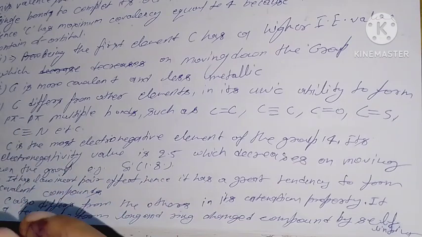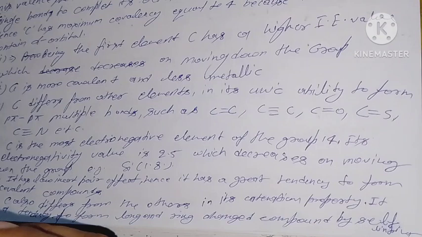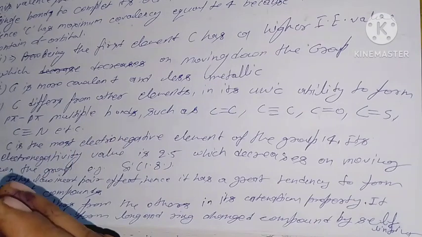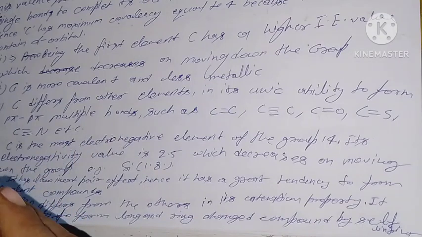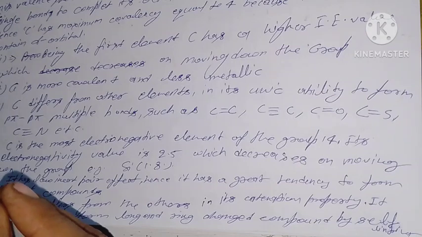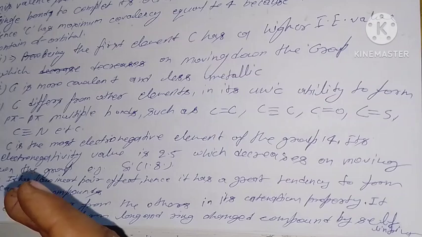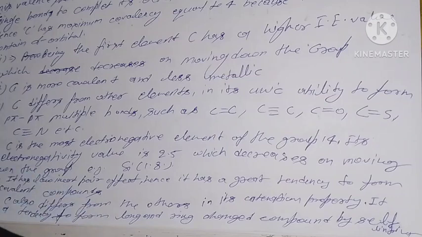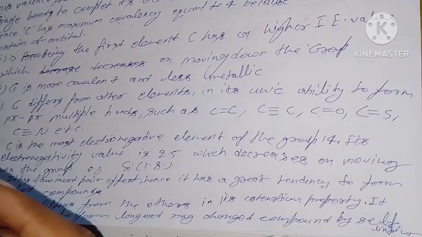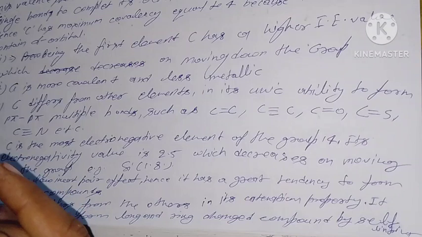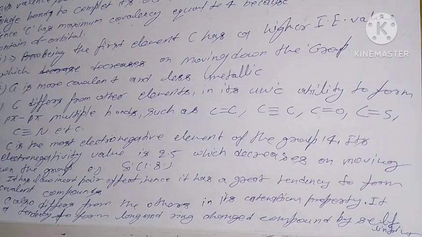Being the first element, carbon has a higher ionization energy value which decreases on moving down the group. Carbon is more covalent and less metallic. Carbon differs from other elements in its unique ability to form p pi multiple bonds such as carbon double bond carbon, carbon triple bond carbon, carbon double bond oxygen, carbon double bond sulfur, and carbon triple bond nitrogen, etc. Carbon is the most electronegative element of the group 14.